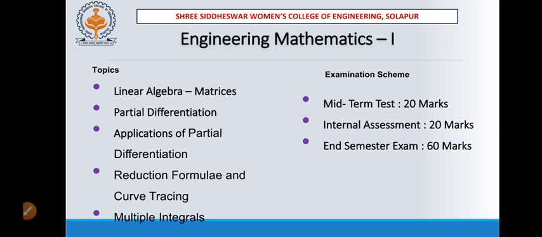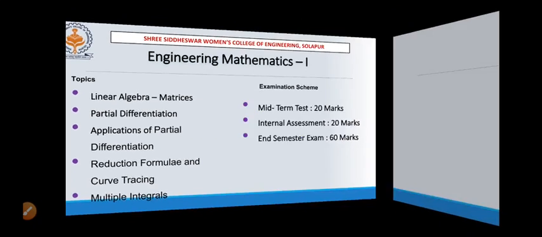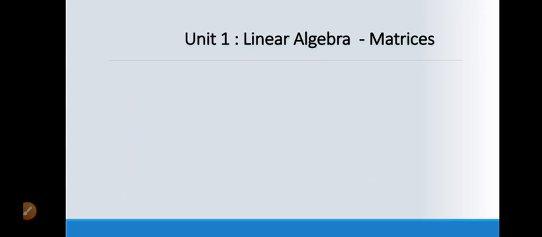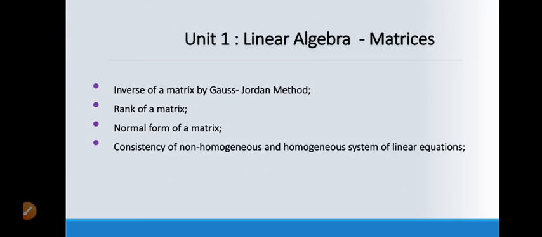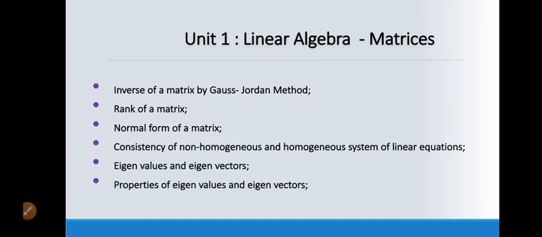Now we will see the first unit, that is linear algebra, matrices. The subtopics of this unit are inverse of a matrix by Gauss-Jordan method, rank of a matrix, normal form of a matrix, consistency of non-homogeneous and homogeneous system of linear equations, eigenvalues and eigenvectors, their properties, and Cayley-Hamilton theorem and its application.